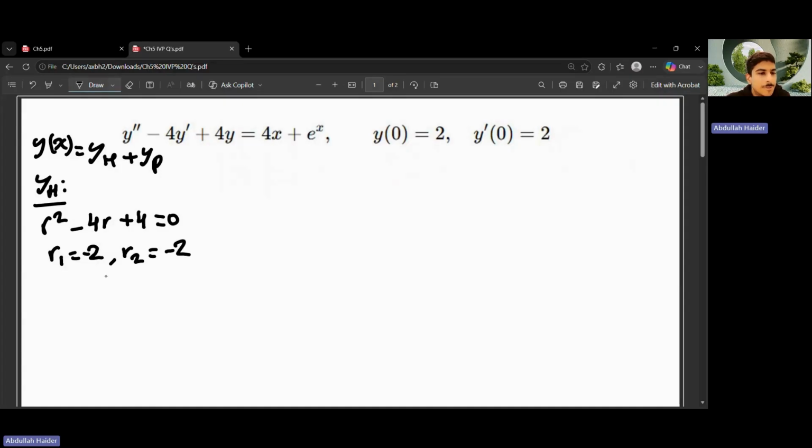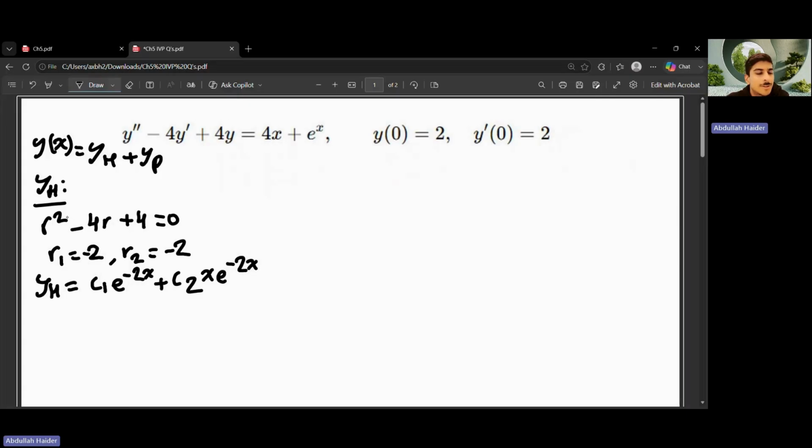So these are repeated roots. So your homogeneous solution, y of h, should be equal to c1 e power minus 2x plus c2. Now, since this is repeated, we should multiply this by x, e power minus 2x.